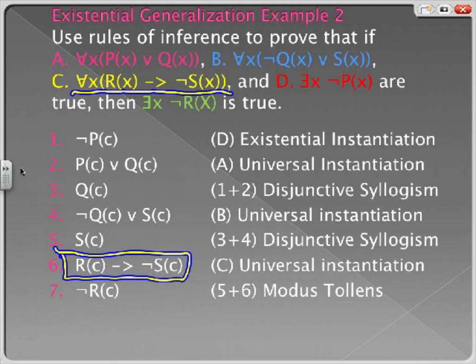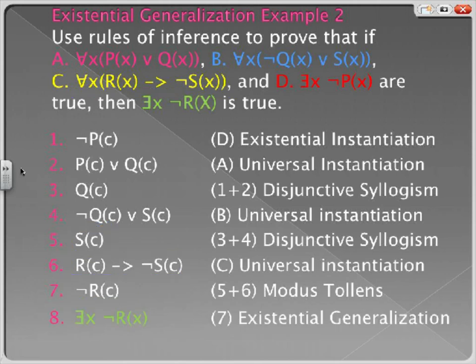And we use a modus tollens to say that since S of c is true, and if R of c then not S of c, we can conclude not R of c is true, leading us to our conclusion that because this c makes the statement true, not R of c, then there exists an x, not R of x, that is true because c is an element of the domain X.